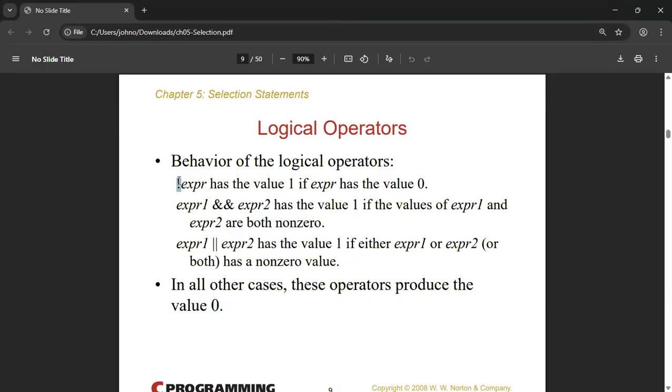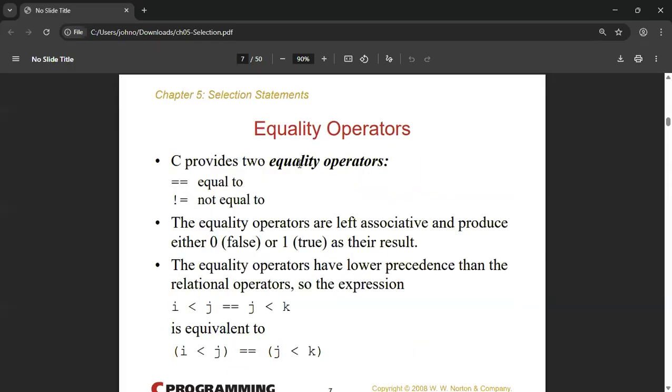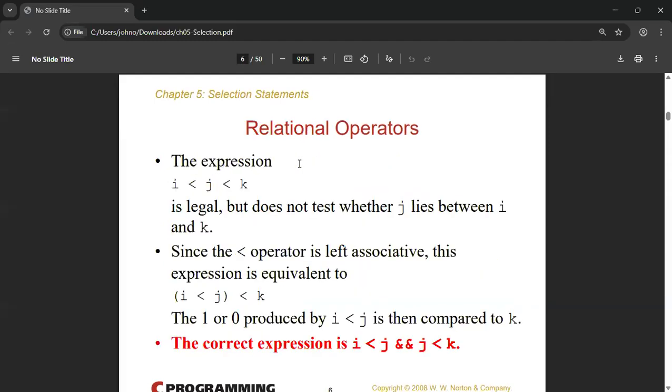We said not expression will have a result 1 if expression was 0. So if expression is 0, it will have a result of 1. And it's going to be the opposite for opposite values. If expression was 1, then it will have a result 0.